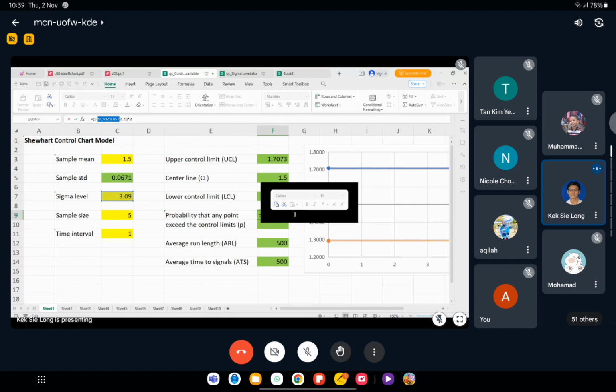We know normal standard distribution refers to the Z value, and from our discussion, the Z value is called the sigma level. Our sigma level is at C7. So from our discussion, how to calculate this? We take 1 minus the probability, right? This is probability, right?